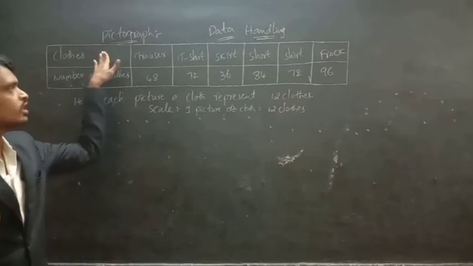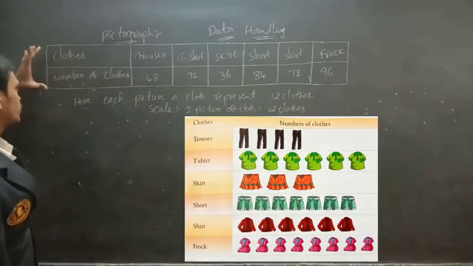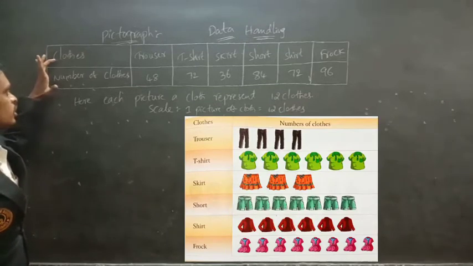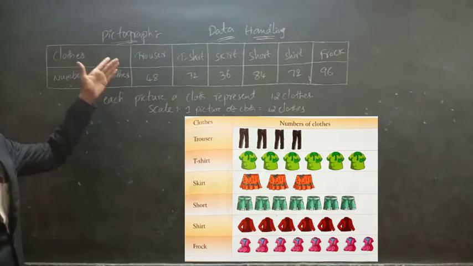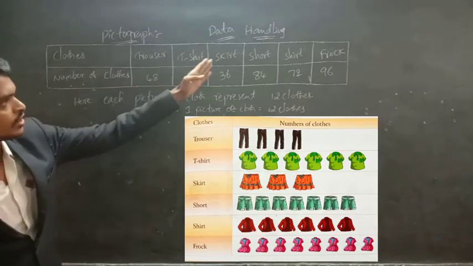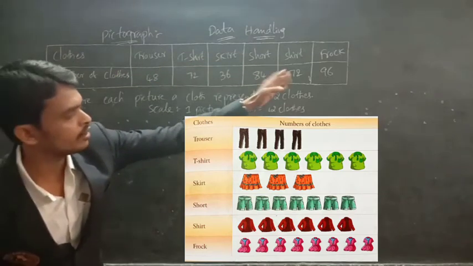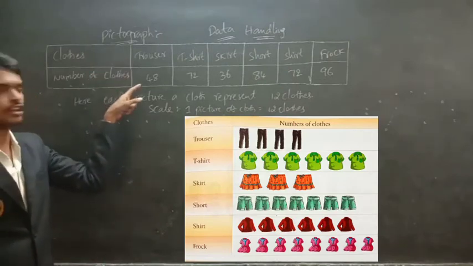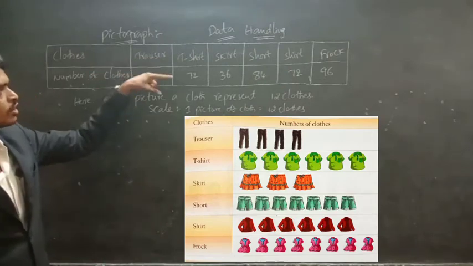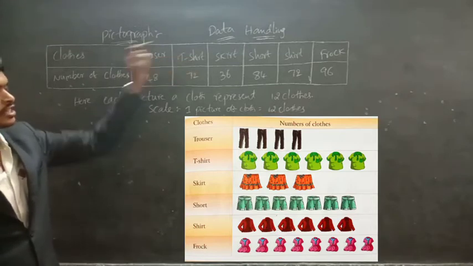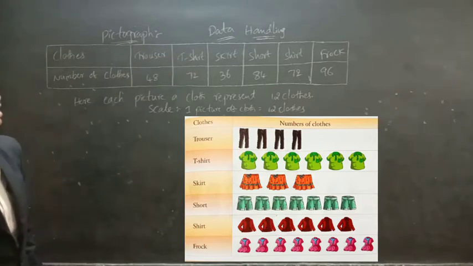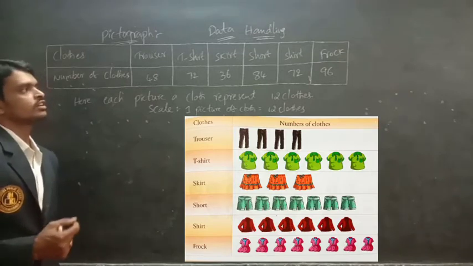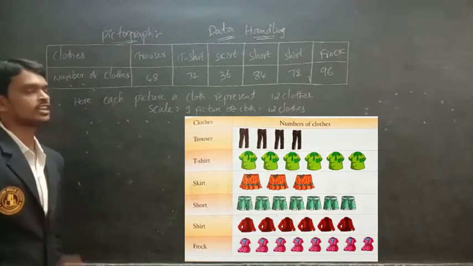We are discussing the pictograph. They gave the data on different types of clothes: trouser, t-shirt, skirt, short, shirt, and frock, and the number of clothes. There are 48 trousers, 72 t-shirts, 36 skirts, 84 shorts, 72 shirts, and 96 frocks.